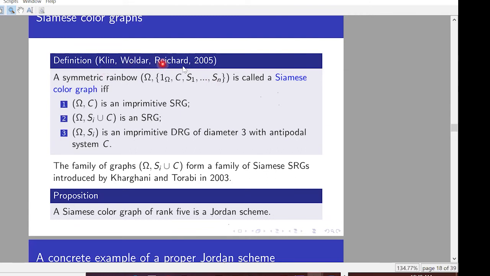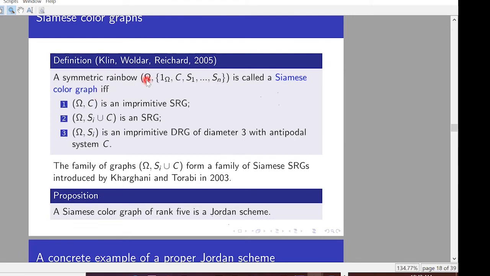and Sven in 2005 found a Siamese color graph on 15 points, which turned out later, almost 15 years later, to be a proper Jordan scheme. That means it does not come as a symmetrization of an association scheme.